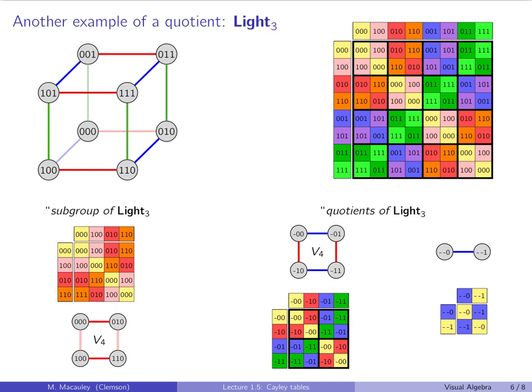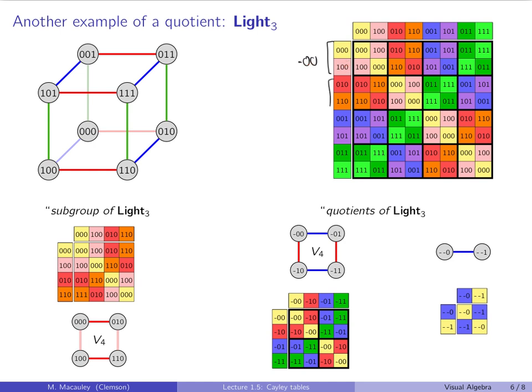Now, this is a subgroup, but let's go back to the idea of a quotient. If you look at these 2 by 2 blocks, these pairs all differ in only the first coordinate. It's the last 2 coordinates where they're the same. So if we call this block here -00, these are the 2 elements that start with anything and end with 0, 0.